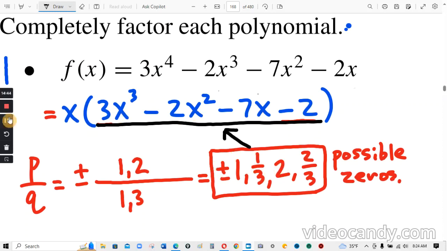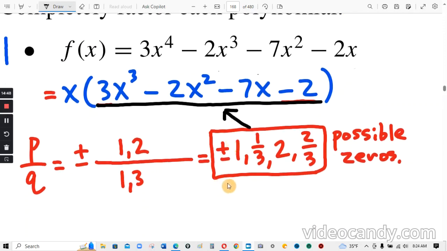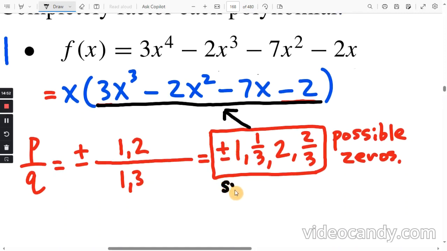You have to use synthetic division or the remainder theorem. Usually we go with synthetic division, and the reason is because if we use synthetic division, we have another polynomial to use and factor.